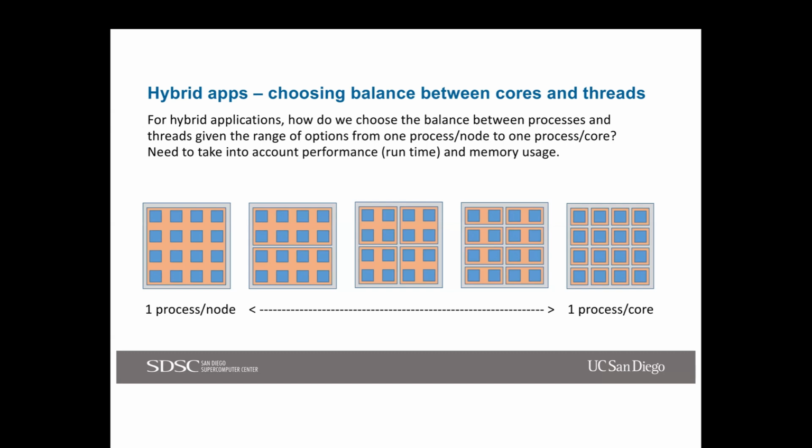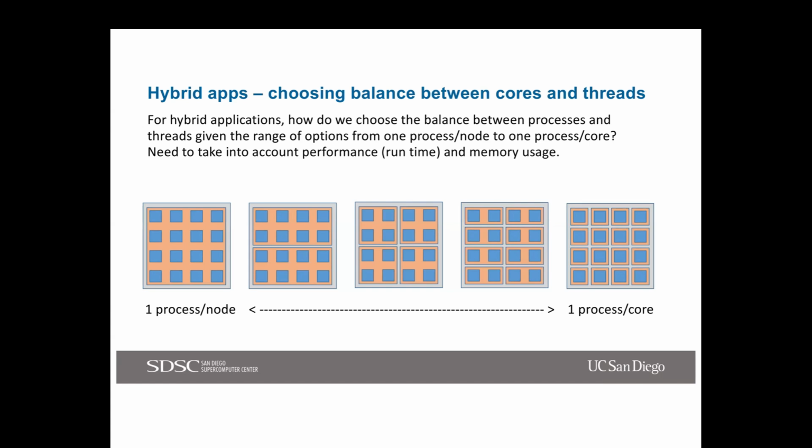For example, on Expanse, for many of these hybrid applications that we run these days, because of how the CPU processors are designed, usually we run 32 MPI processes with 4 threads per process across individual cores in any given node.